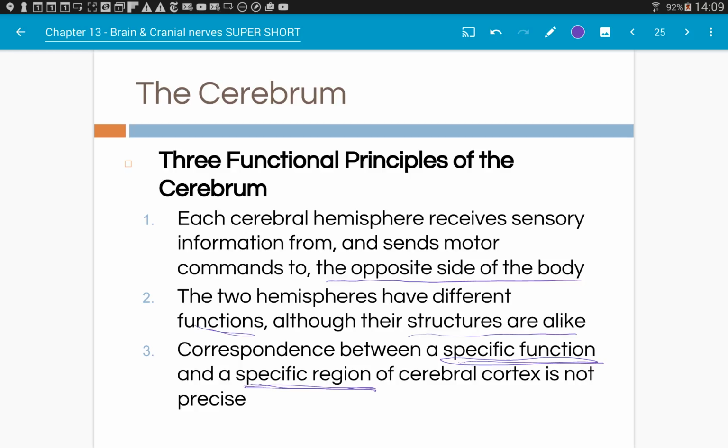So they're in a general region, but they're not precisely the same on every person. Does that make sense? So when we look at the brain, it's like a glob. And so we know the region, we don't know the exact pinpointed location for a specific function, and it is going to vary depending on the person.